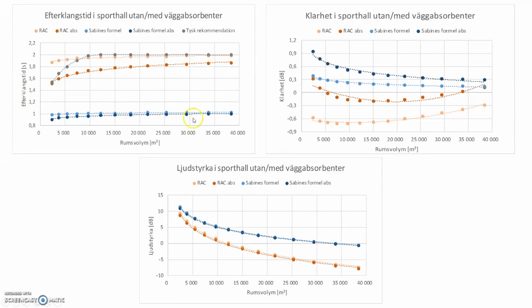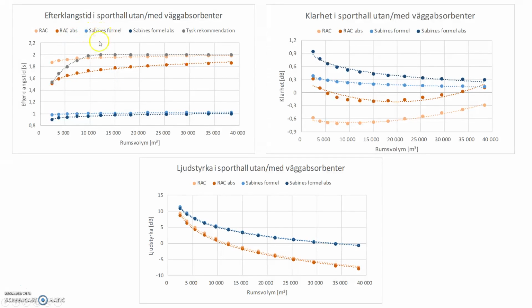And here we have reverberation time in the sport hall, with and without absorption on the walls. For the first case here we have this RAC, which you can see here. That is with only absorption in the ceiling. And we have RAC abs, which is absorption both in the ceiling and on the walls.